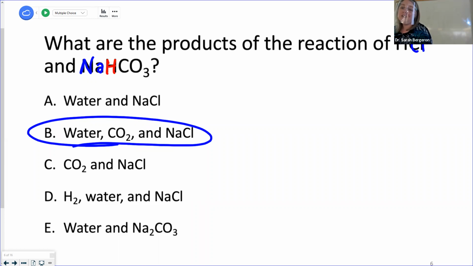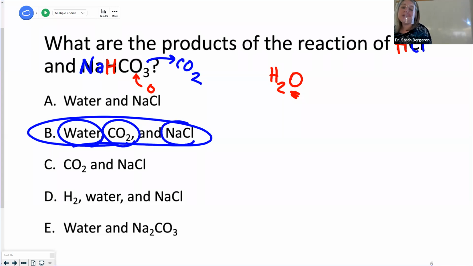The hydrogen, that's right, we want H2 and then O. Where does the oxygen come from? It's one of the oxygens here. So then what's remaining is CO2. So we made water, we made carbon dioxide, and we made NaCl. So what kind of a reaction is this? Neutralization. Okay.